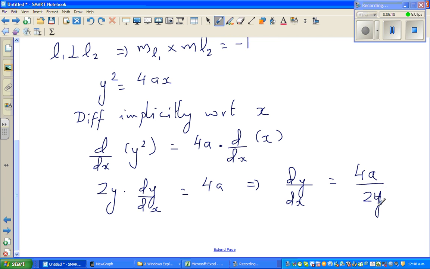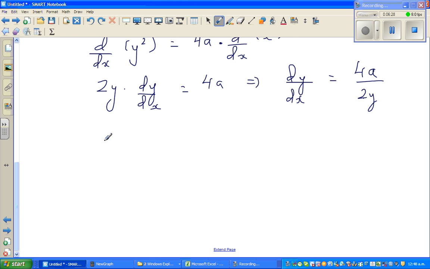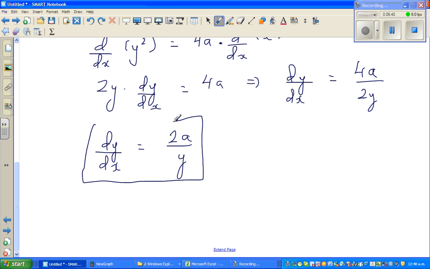That can be simplified too. Therefore dy by dx, you factor out the 2, so that is 2a over y. So this is your gradient of the function at any point.